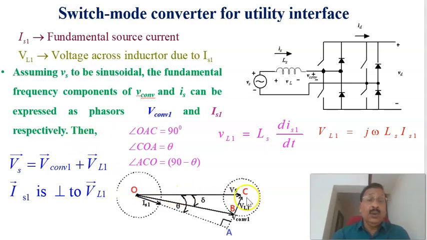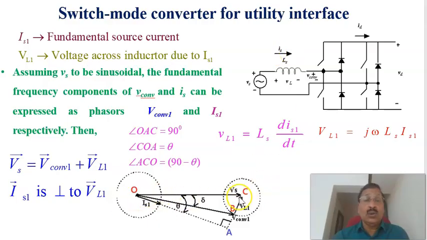Then if you draw the phasor diagram here, this is the grid side voltage, Vs. If you apply Kirchhoff's voltage law in this loop and draw the corresponding phasor diagram, this Vs is the vectorial sum of the converter voltage V converter 1 and the drop across the inductor due to the fundamental current, VL1.